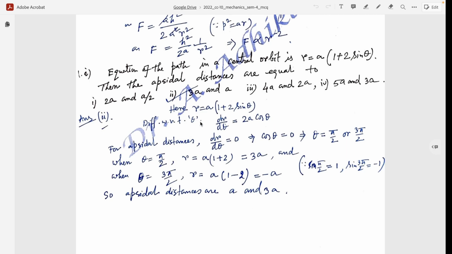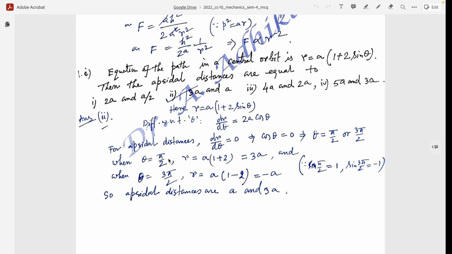Differentiating with respect to theta, dr/d theta equals twice a cos theta. For apsidal distances, dr/d theta equals 0. So twice a cos theta equals 0, a is non-zero, so cos theta equals 0. This gives theta equal to pi by 2 or 3 pi by 2.